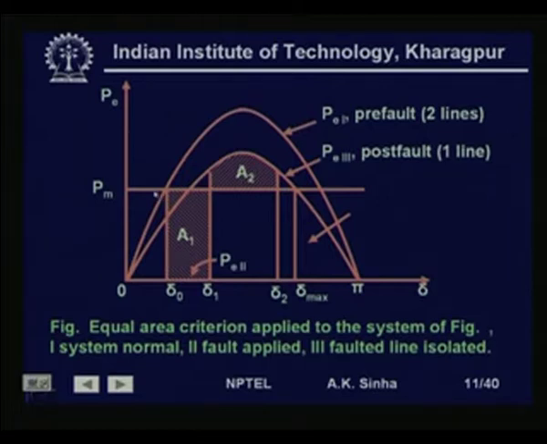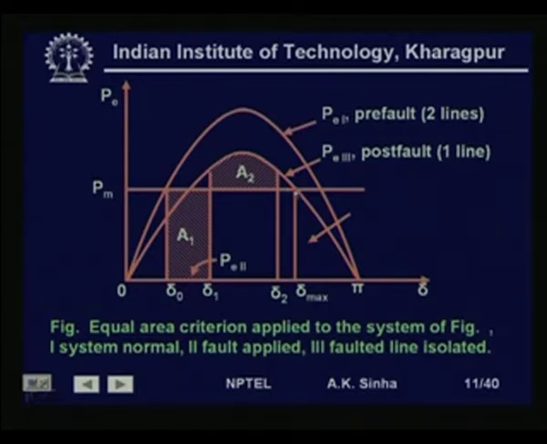Now, suppose instead of working at this point, we worked at a little higher point here, that is, the electrical output being a little more than earlier. P m also would have matched that point and we would have been working here. In that case the accelerating area will increase and the decelerating area will reduce somewhat, but the maximum decelerating area available is above this line and below this curve.